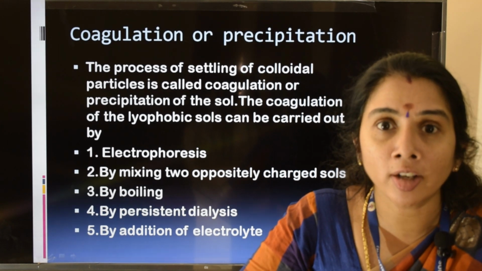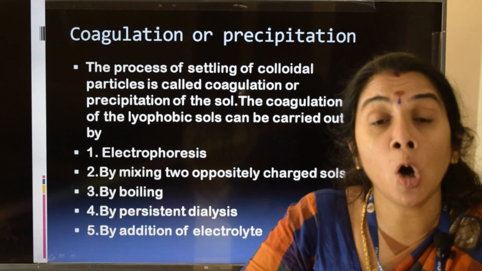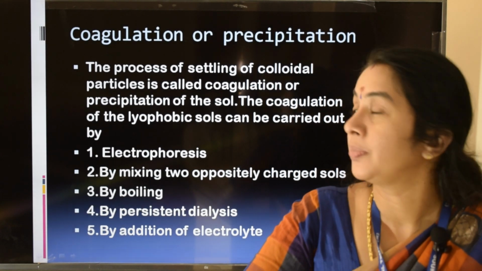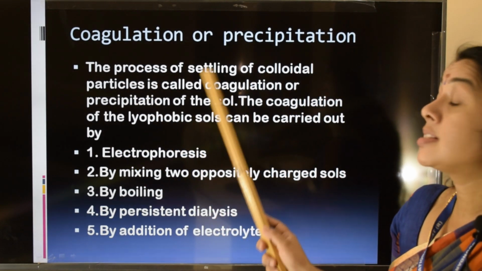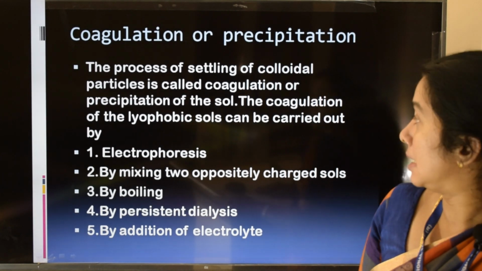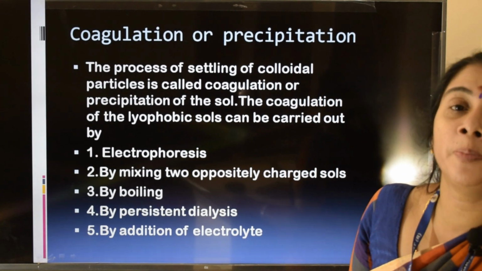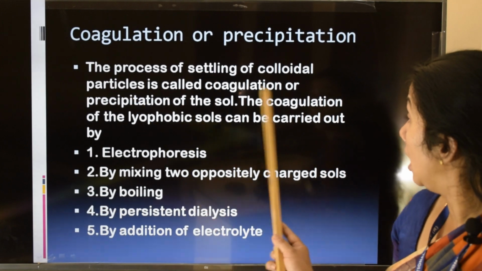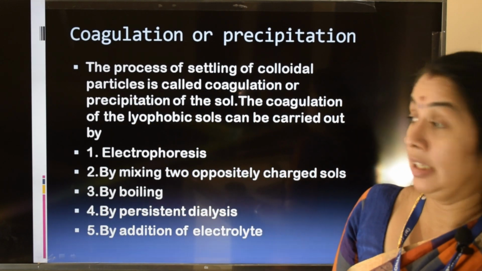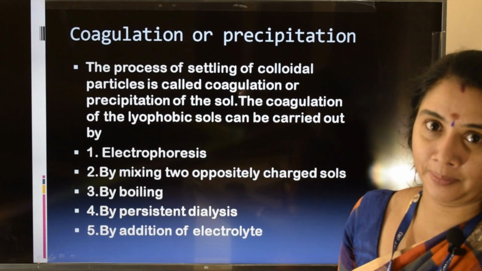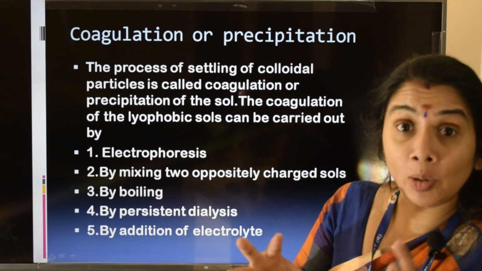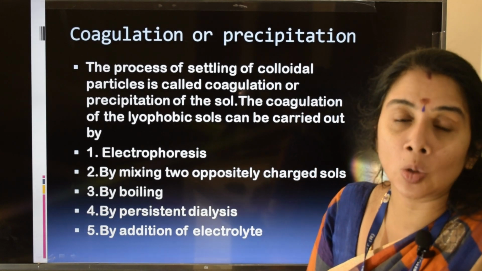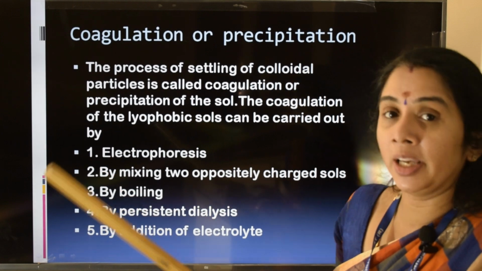Destroying a colloid is termed as coagulation or precipitation. The process of settling down of colloidal particles is called coagulation or precipitation. It can be carried out in any of these methods. That is, you can coagulate or precipitate the lyophobic sols by adopting any of these 5 methods.